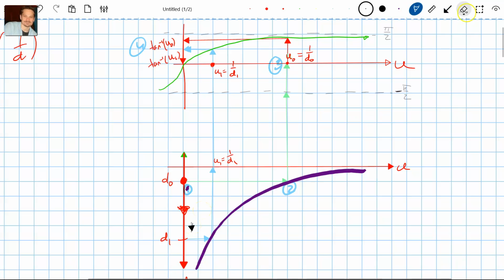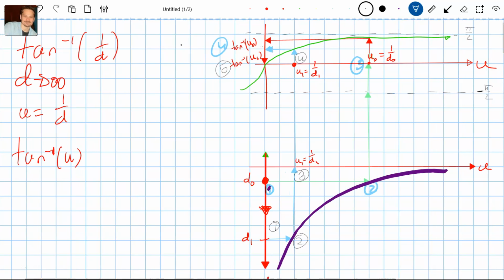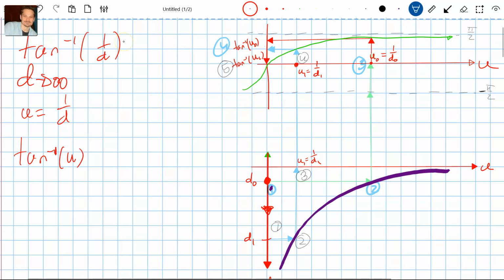Let me erase that arrow. So this would be step 1, step 2, step 3, step 4, and then lastly over here, this output would be step 5. So if you follow the arrows literally, you will see that we can conclude the following. Take a look. Based on this, the value of this limit, I'm going to make this a bit thicker even, the value of this limit is 0.